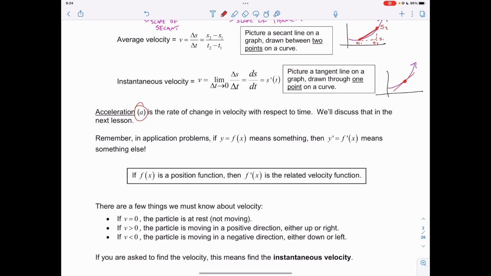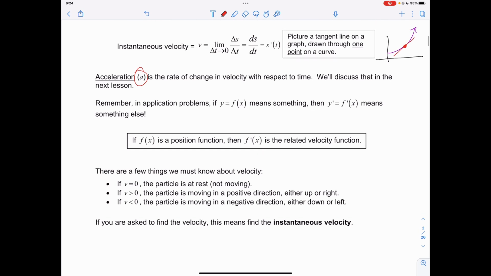Acceleration, which we always use lowercase a for, is the rate of change in the velocity with respect to time, and we're going to address specifically acceleration in lesson 2. Remember, in application problems, if y is equal to f of x means something, then y prime is equal to f prime of x means something else. If f of x is a position function, then f prime of x is the related velocity function.